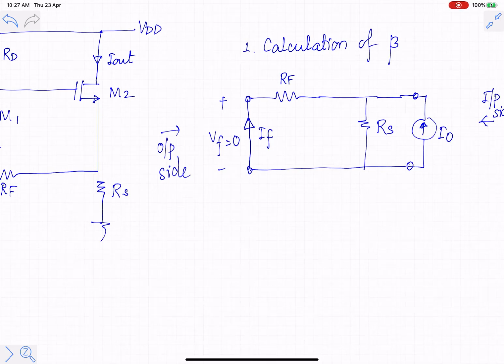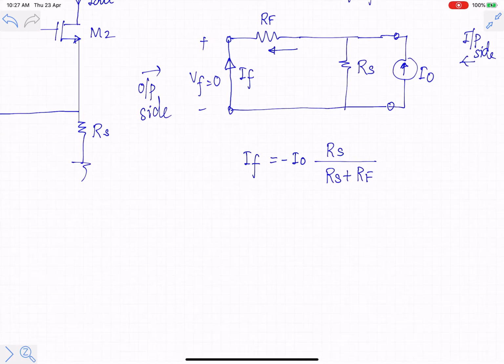So we can apply the current division rule. So this current is IO into RS divided by RS plus RF. It is a simple current division rule. This current is the current flowing through RF from right to left, but IF is from left to right, so this is equal to minus IF.